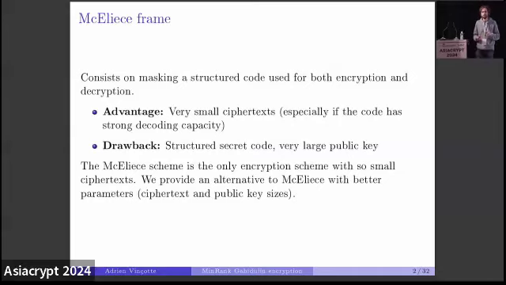But you have two main drawbacks. The first is you have a very big public key, since it is often the generator matrix of the code. And the other drawback is you have a structured secret code. So there are many attacks which allow to retrieve the original secret code from the masked code you have in your public key. But it's still the Michaelis frame which allows the smaller ciphertext.